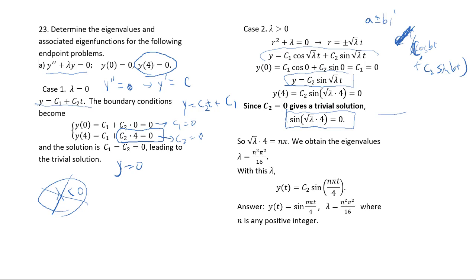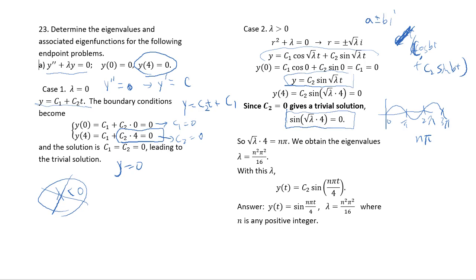Now, if you recall the sine function, what's the sine function? It's like this. And it's 0 at 0, pi, 2 pi, 3 pi. Whenever you have some integer times pi, you have the crossings, right? It crosses the x-axis, so you get 0. So in order for this to be true, this thing inside must equal n pi.